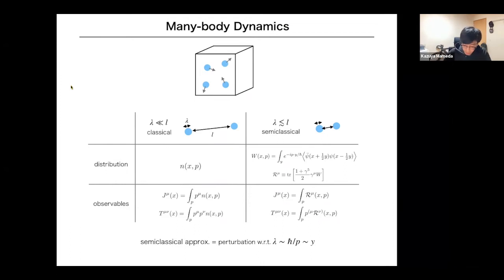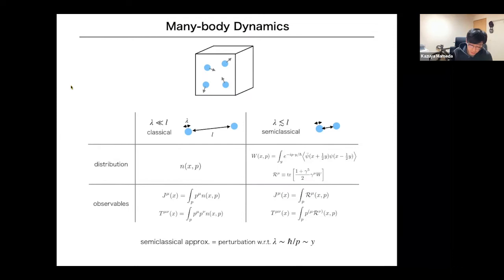And for later convenience, I introduce a different function, calligraphic R. This is just a projection of the Wigner function. It is just the right-handed component of the above Green's function.